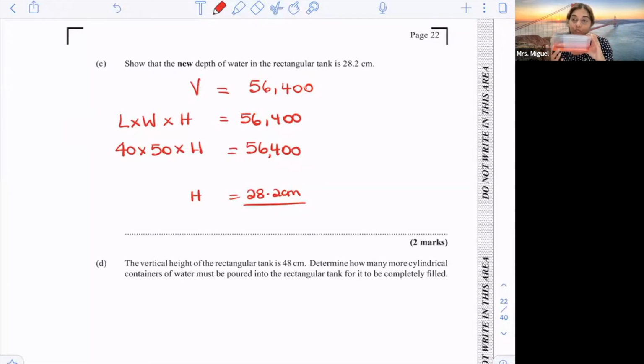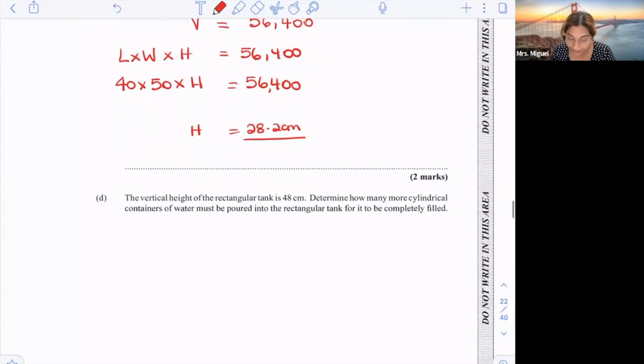The actual height of the filled tank is 48. We want to know how many more of these are needed to fill this so that the height reaches 48. So let us work out the volume of the rectangular tank with the height 48.